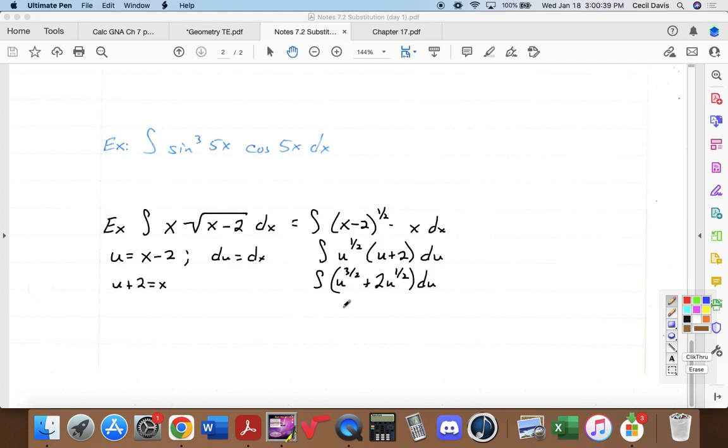Now we have two individual terms, and we can take the antiderivative of each individually. So this would be 2/5 u to the 5/2 plus 2 times 2/3 u to the 3/2 plus c.